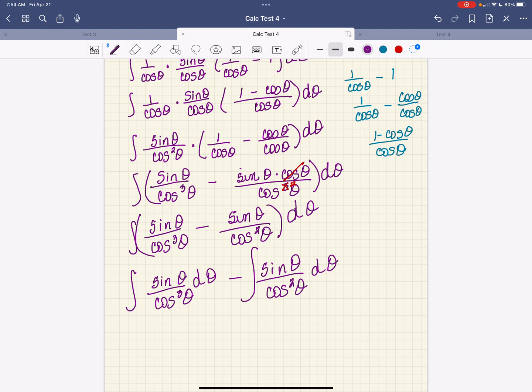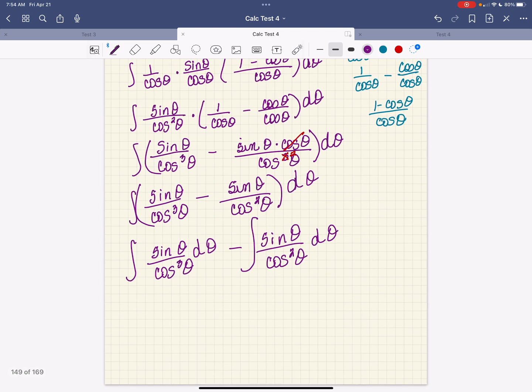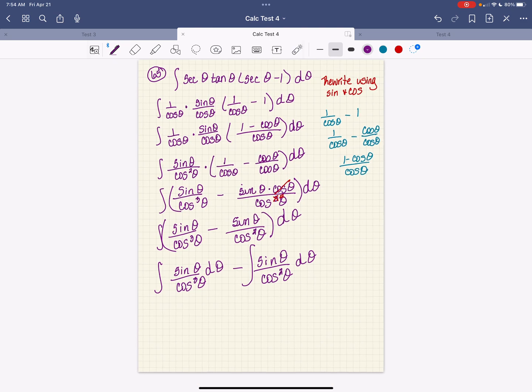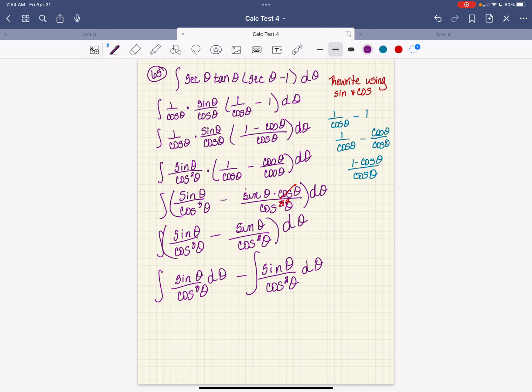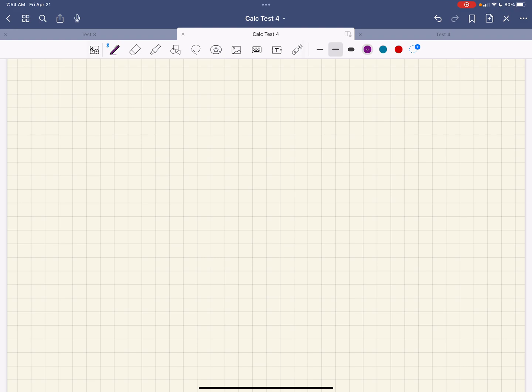Okay, now we're going to start doing our integration and finding the antiderivative. Okay, so I'm going to do a new page. Let's do that. Let's do a rewrite. So we are right here.